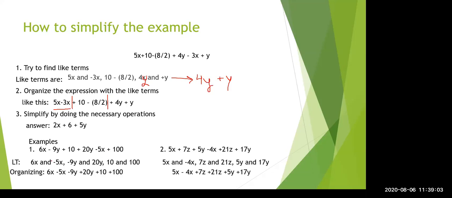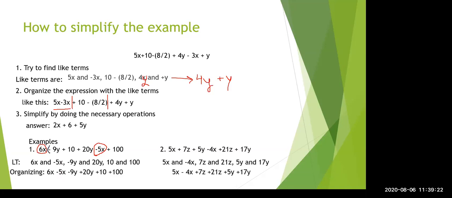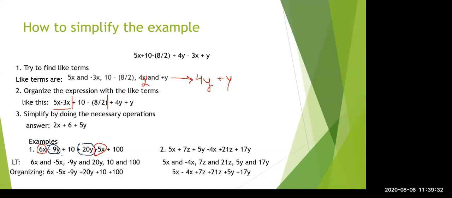To simplify them, you first find the like terms. I'm going to circle the like terms in the same color. 6x minus 5x are like terms. Then with blue is negative 9y plus 20y, because they have the same variable in them. And then the third one, which is green, is 10 plus 100.